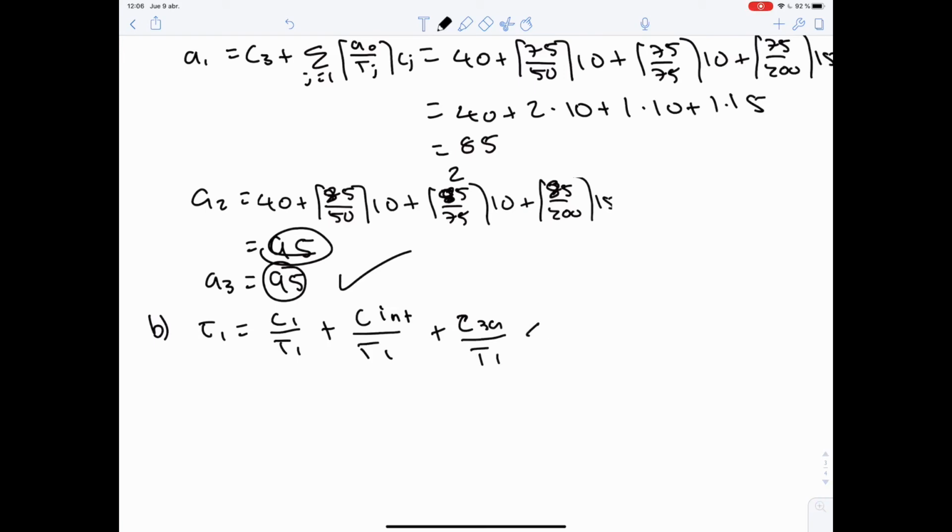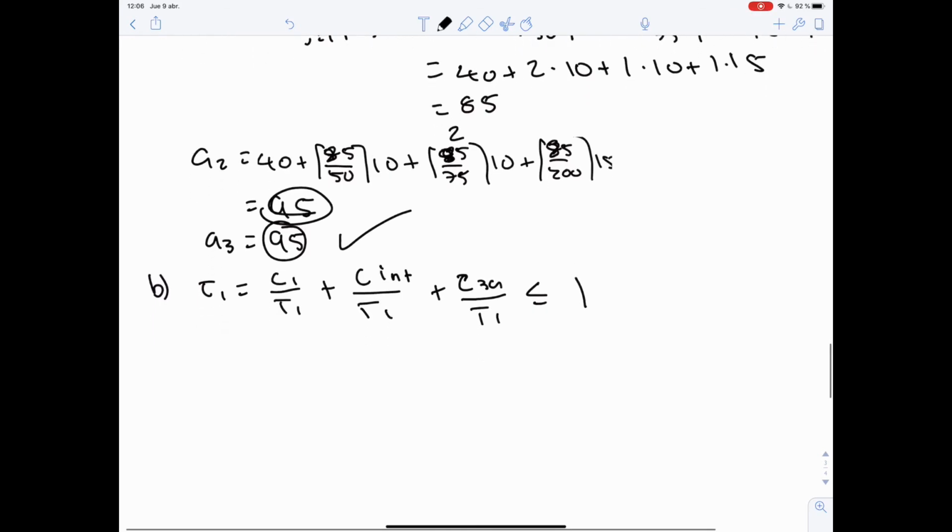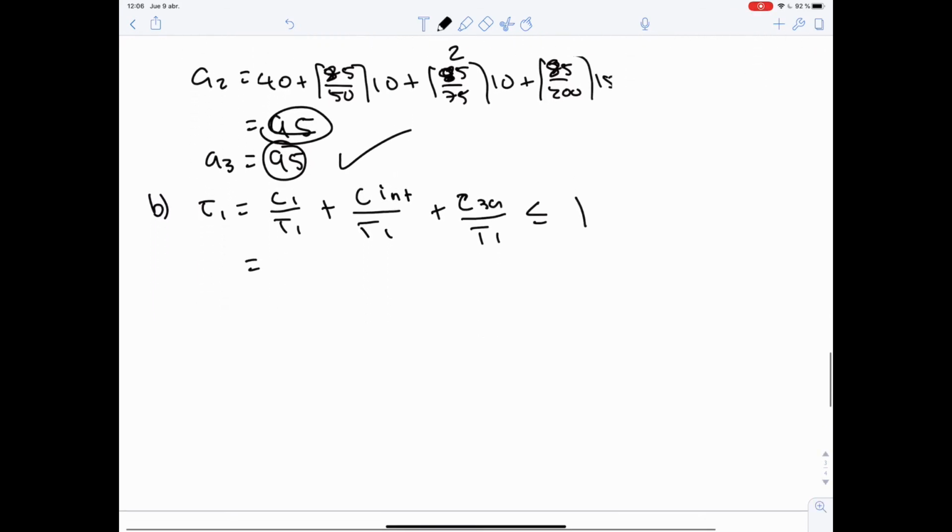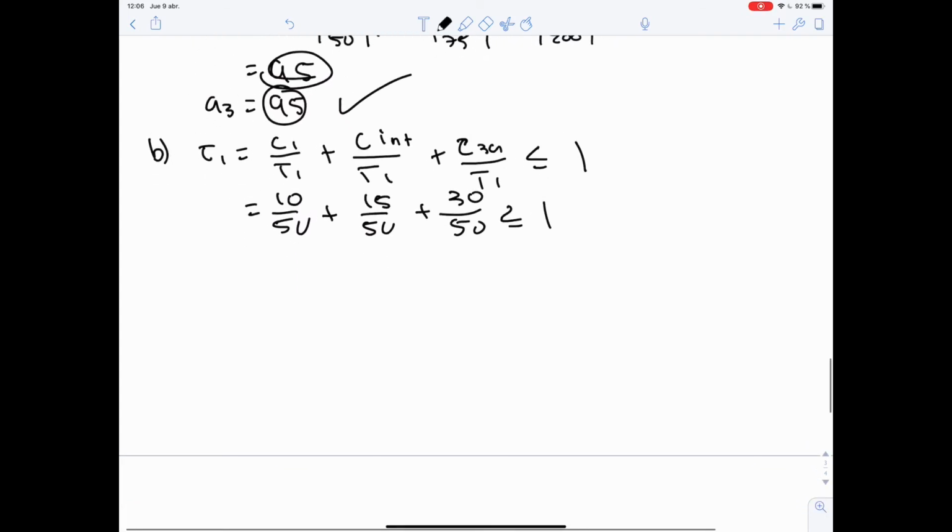And we're also going to have a utilization bound of 1, because we did U1, there are no tasks in HN. So what this will give us is 10 over 50 plus 15 over 50 plus 30 over 50, because 30 is the execution time of task 3A. And this will give us 0.2 plus 0.3 plus 0.6, which is greater than 1, so this fails. We'll do the same thing for task 2.